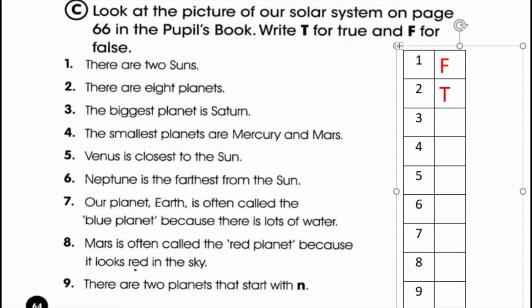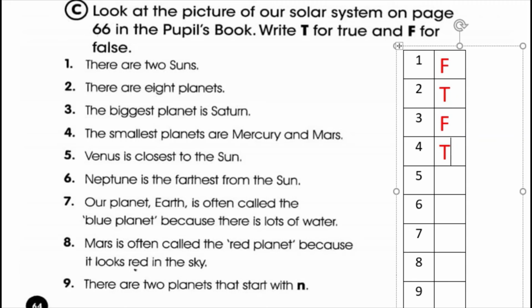So I put F. Number 4. The smallest planets are Mercury and Mars. Is that correct? Yes. So I put T for true.